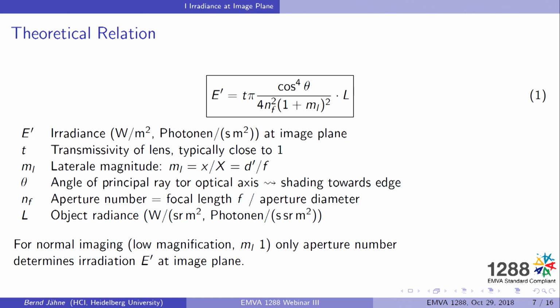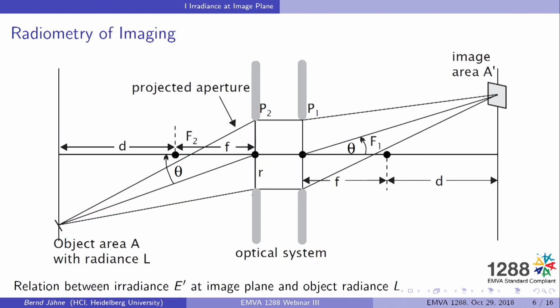And then you have, of course, if you have an oblique angle, as it's shown here also in this graph, you get also some less light, because you look now at an oblique angle onto your aperture, so you see not a full circle, but only an ellipse.